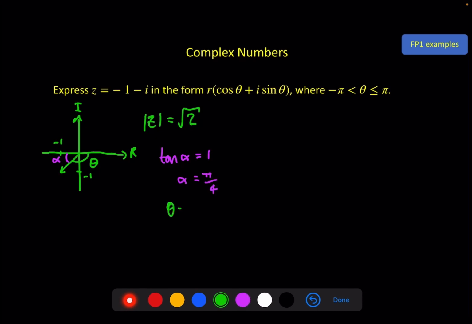So theta must be minus 3 pi by 4. And putting it together, we get z is equal to root 2 times the cosine of minus 3 pi by 4 plus i sine of minus 3 pi by 4. And then we have the modulus argument form of z is equal to minus 1 minus i.